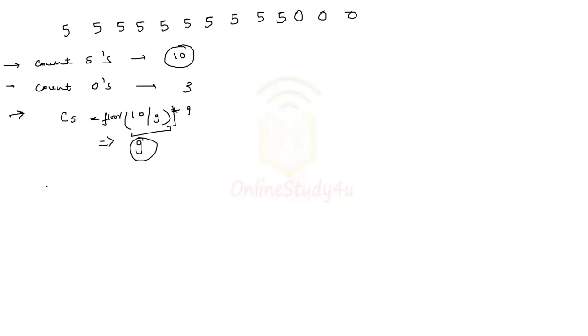So you will just print 5 till C5, because your C5 was 9. You run a for loop and print the number of fives till C5 and embed the number of zeros as many as you have in your array.